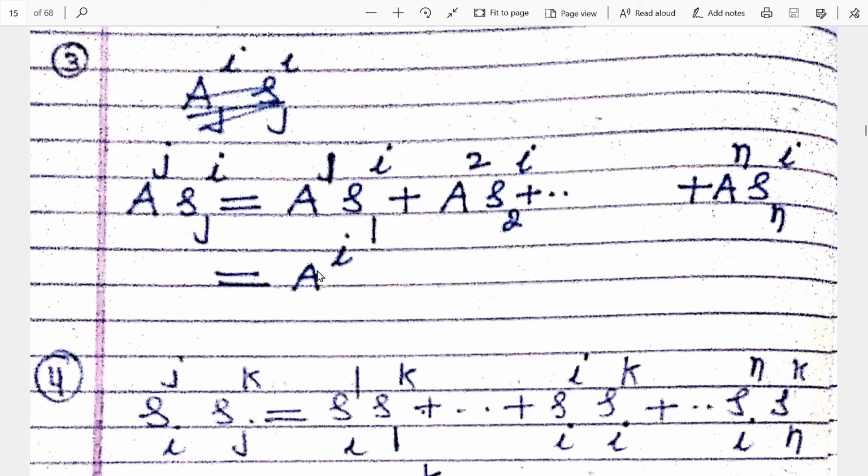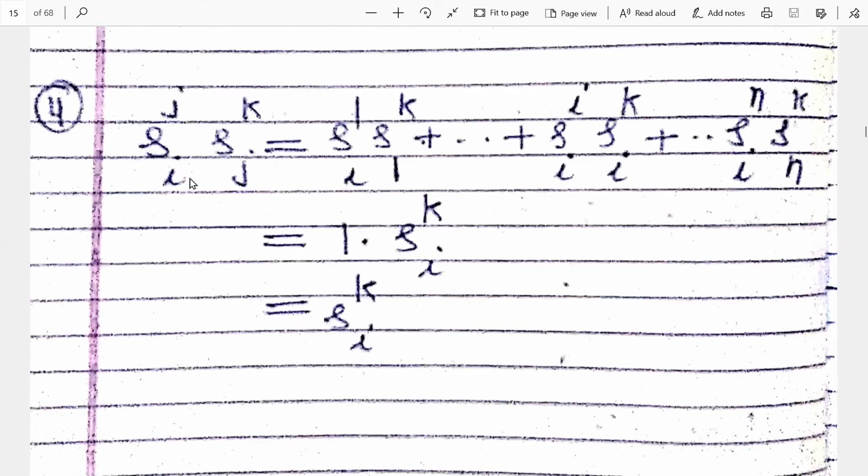Right? Next is delta ji, delta kj. Again in this product, in order to remember, this j will be eliminated. The remaining will be delta with k and i. How can we prove it? Here the running index is j.